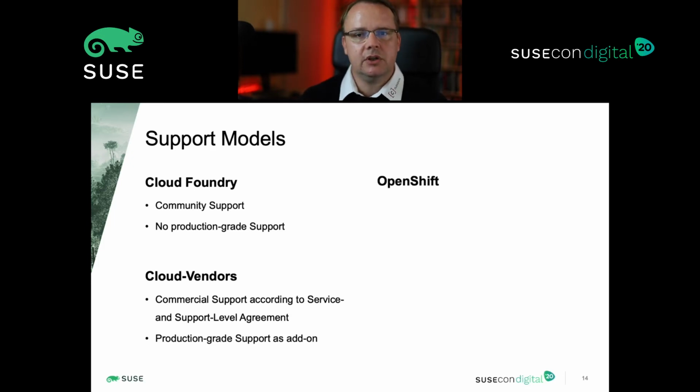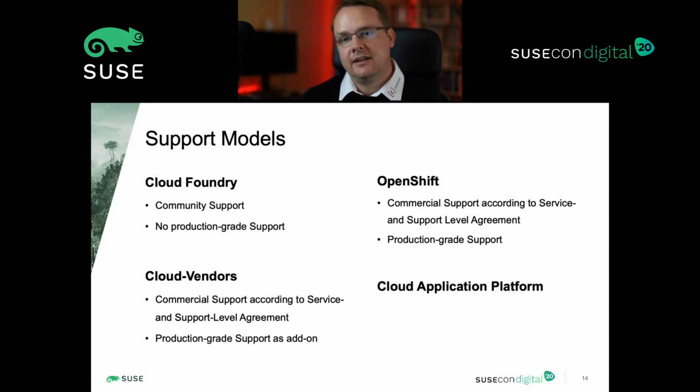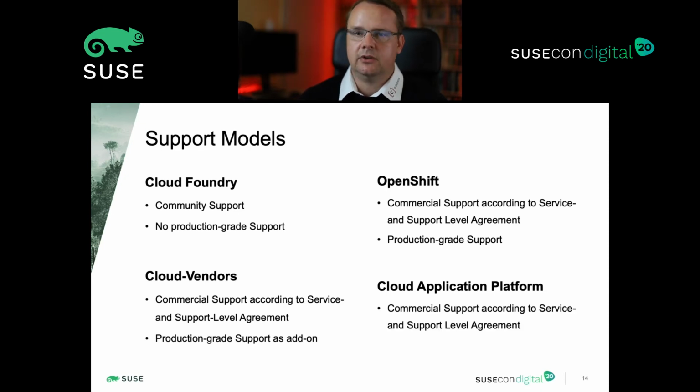The same is true for Red Hat's OpenShift. So you have commercial support as well as production-grade support. And then again, that is true for SUSE Cloud Application Platform as well. So you have commercial support and production-grade support. And again, you still have the option to default back to community support.